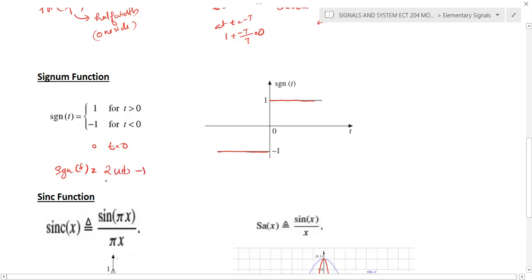If you plot this particular signal, you will get a function similar to signum of t. Remember this formula, because it is useful when you find the Fourier transform of the step signal. So this relationship, signum of t in connection with step, is very important.